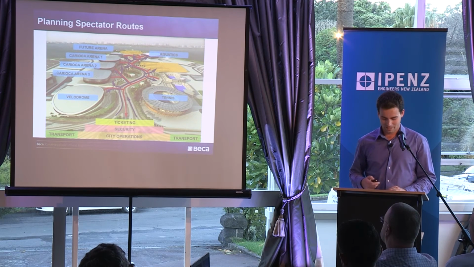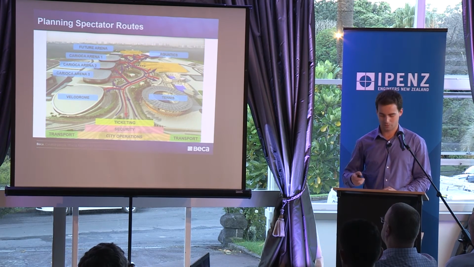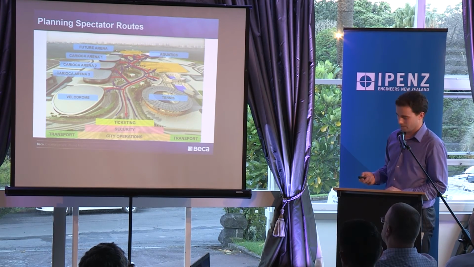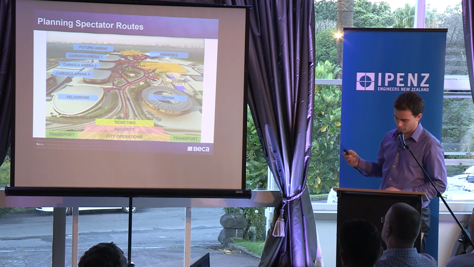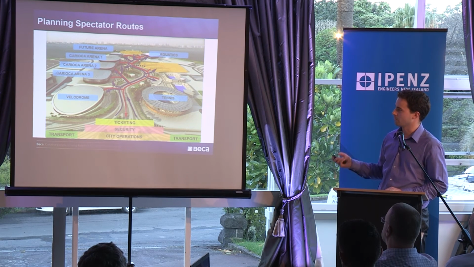Crowds are safer and easier to manage when everybody's heading the same direction. One thing that's common practice is separating flows with crowd management barriers down the middle. In this example, to reduce the number of conflict points where spectators need to cross, it works better if we flip the flows around.